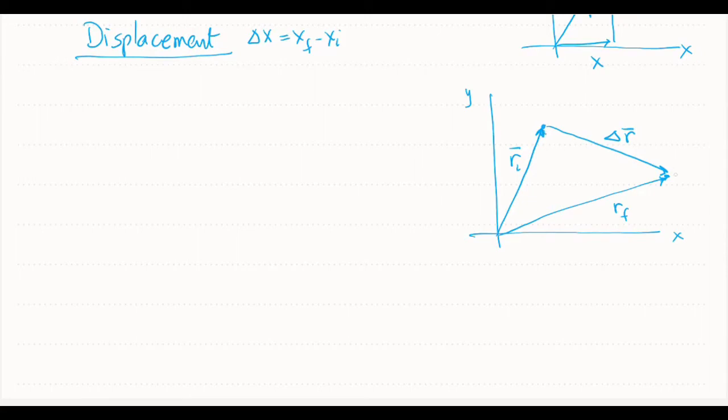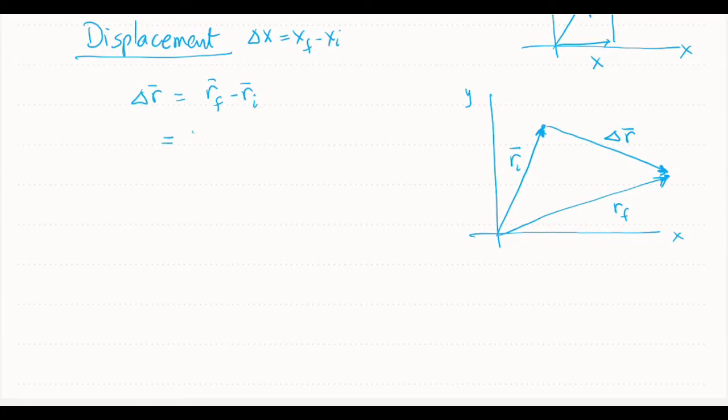The displacement would be delta r, which would be r final minus r initial. That's just like x final minus x initial.